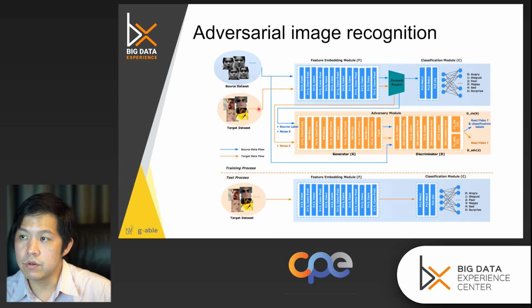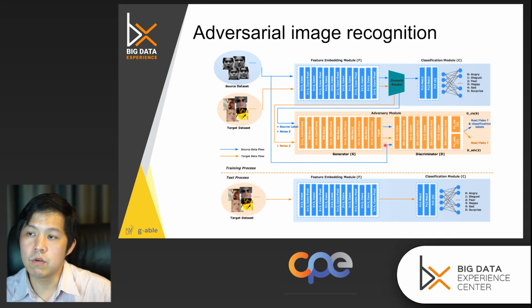We can use both of these to compare whether they are in the same class or not through this image, fetch to this image, and then you can see that the source data set would fall into classification of the class. This is what we want to do, and then the target data set that we want to use would be fetched into this adversarial module.